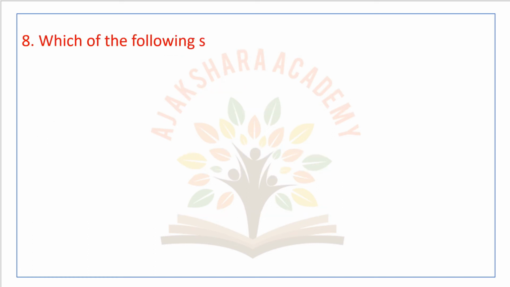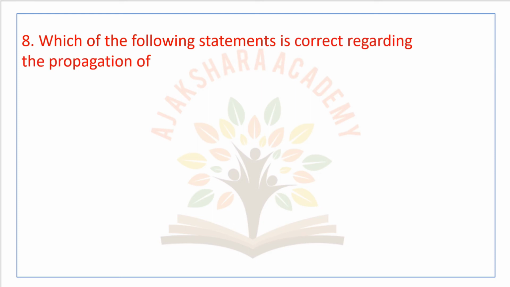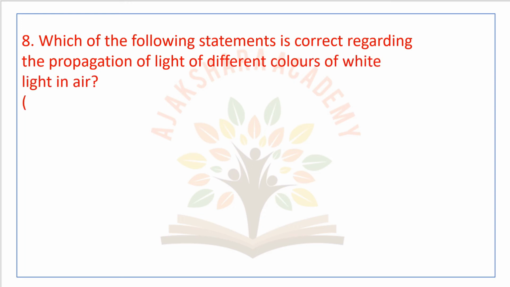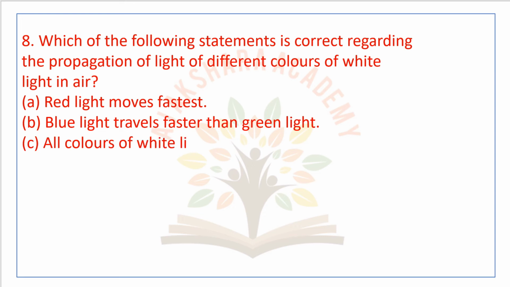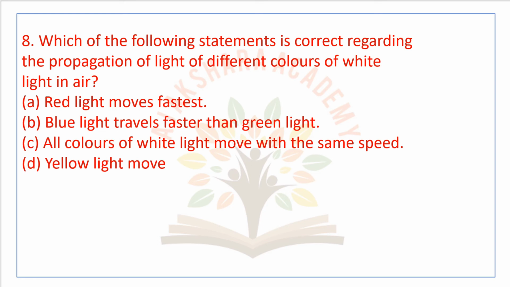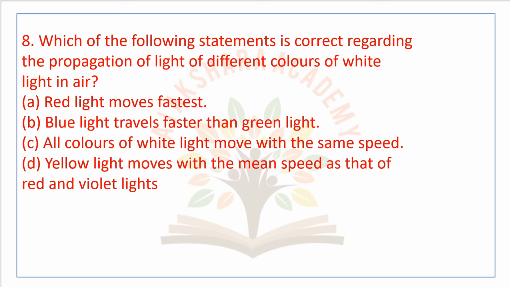Which of the following statements is correct regarding the propagation of light of different colors of white light in air? Red light moves fastest, blue light travels faster than green light, all colors of white light move with the same speed, and yellow light moves with the mean speed of the red and violet lights.